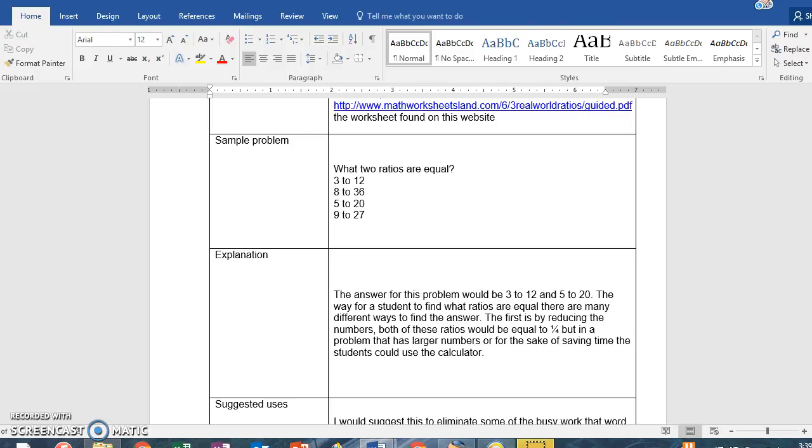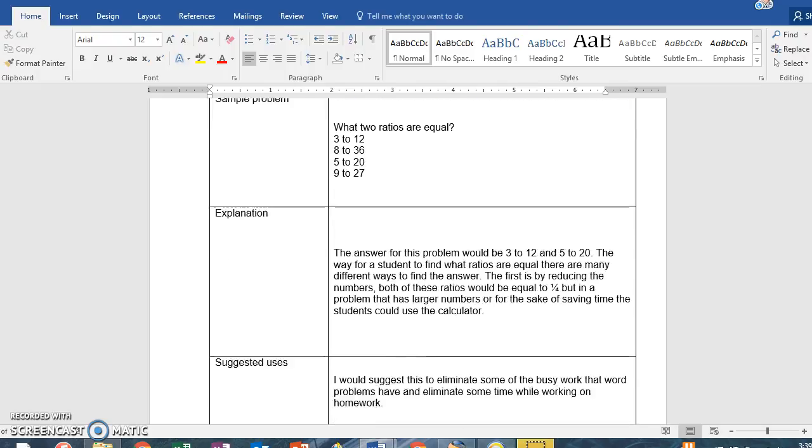The way for a student to find out what ratios are equal that I found the easiest when I was growing up was to take 3 and divide it by 12, and that would give you 0.25 or 1/4. Students could also reduce the fractions down, but when they have bigger numbers, like 2 and 3 digit numbers, it would make it much easier to divide the first number by the second number, and that would give them the same answer if they're doing the same thing to all the problems.